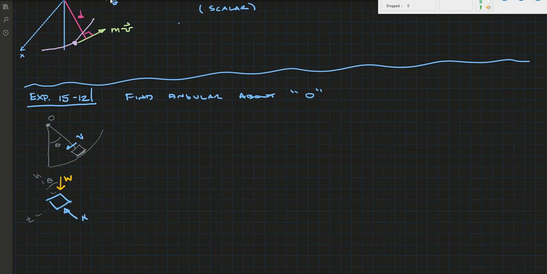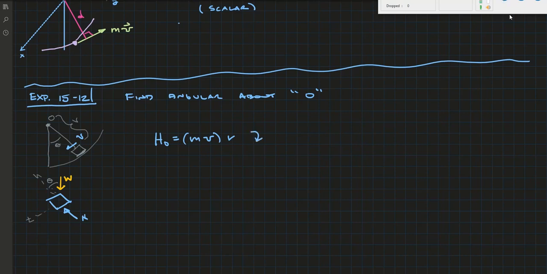So then our angular momentum equals mass times our velocity times the radius r, and this has a radius based on the perpendicular distance to O, and that will be in this direction.